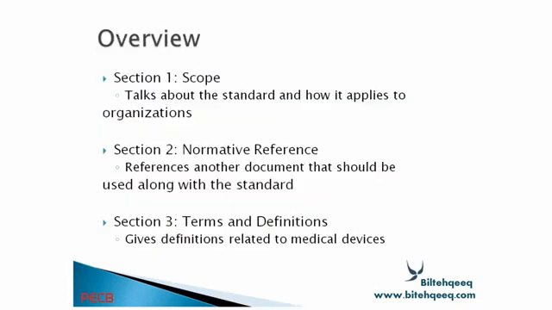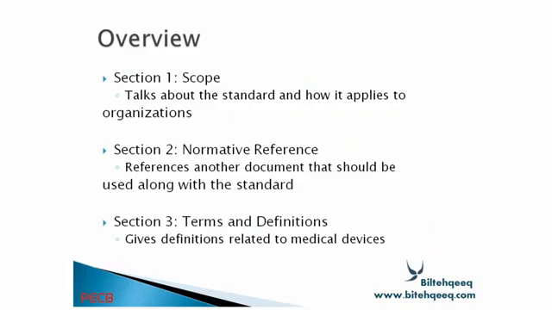So we can see that basically its structure is similar to the ISO 9000 quality management system. Now, as we are going further, we have the different sections, and we will overview these sections.